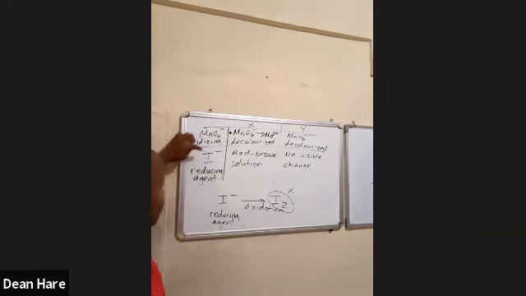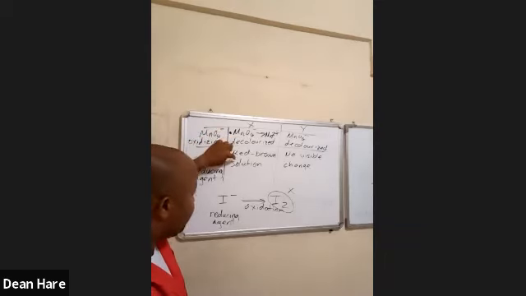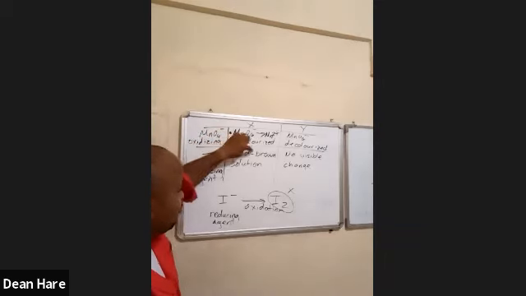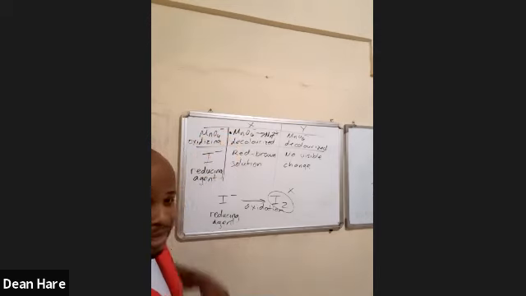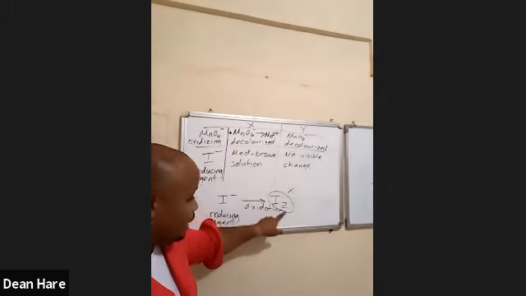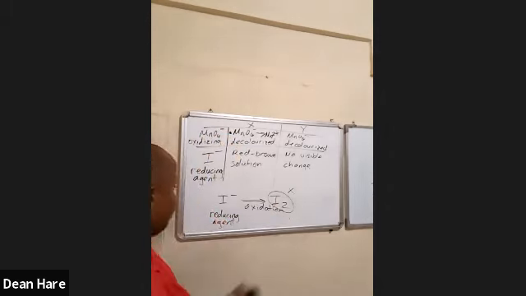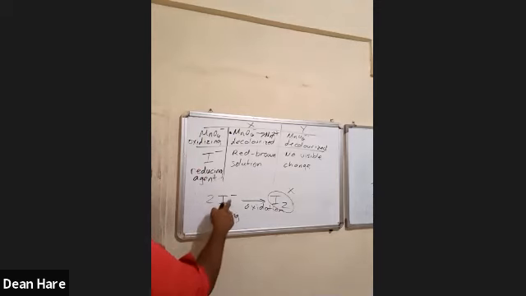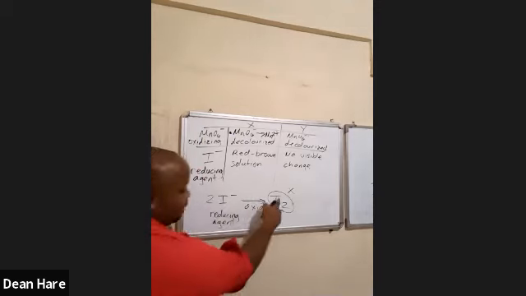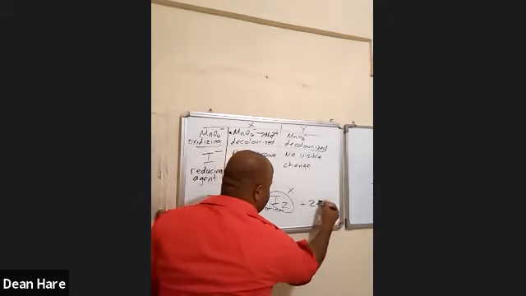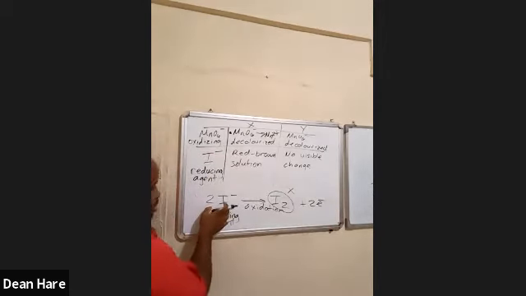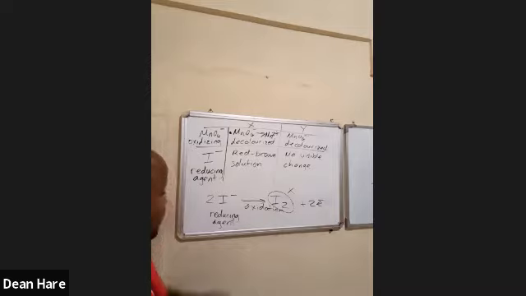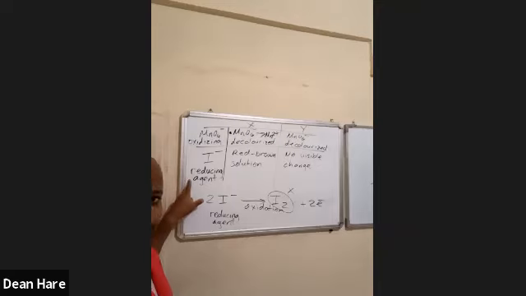So if you start out with the iodide ion and you get a red-brown solution, that indicates that iodine is produced. If you go from iodide ions to iodine, it means that the iodide ion was oxidized. If the iodide ion was oxidized, that makes it the reducing agent.